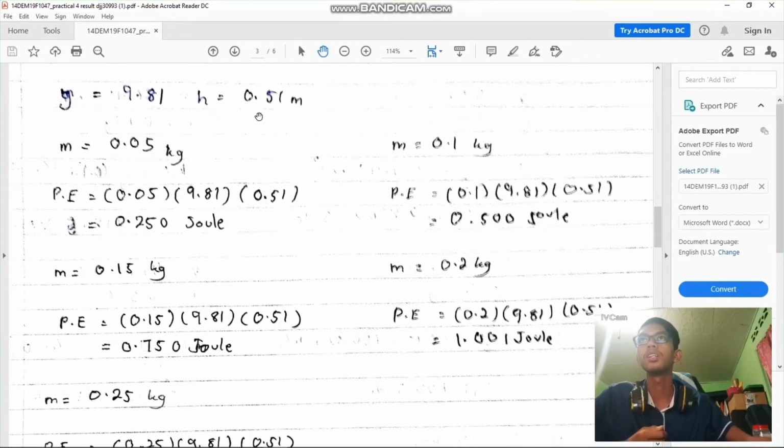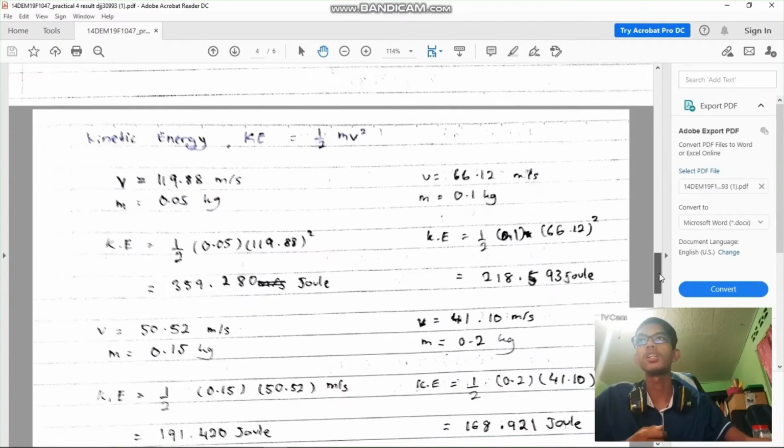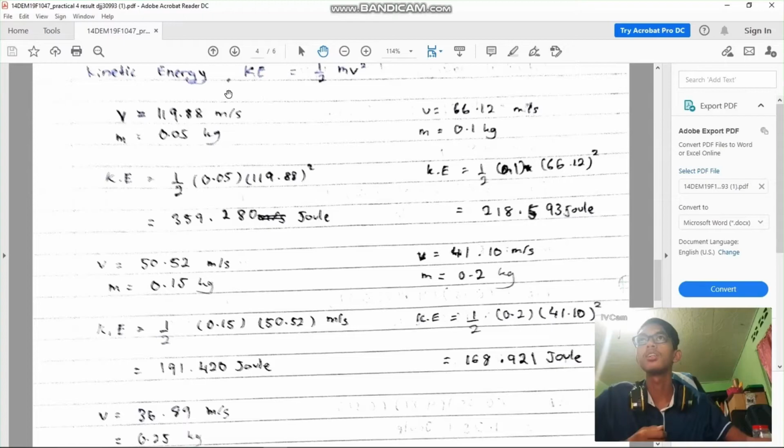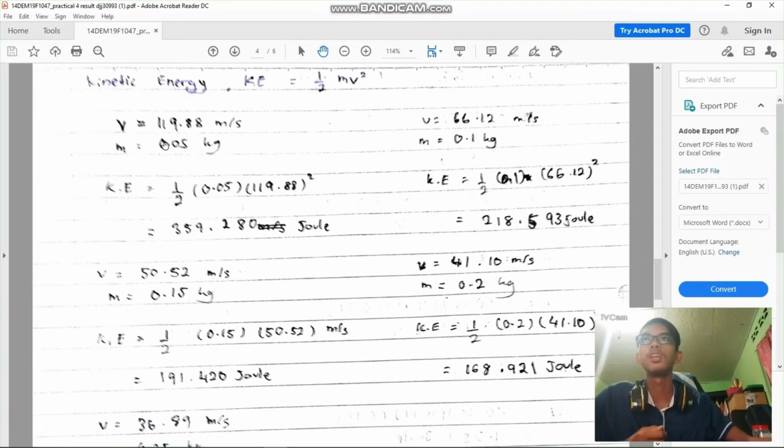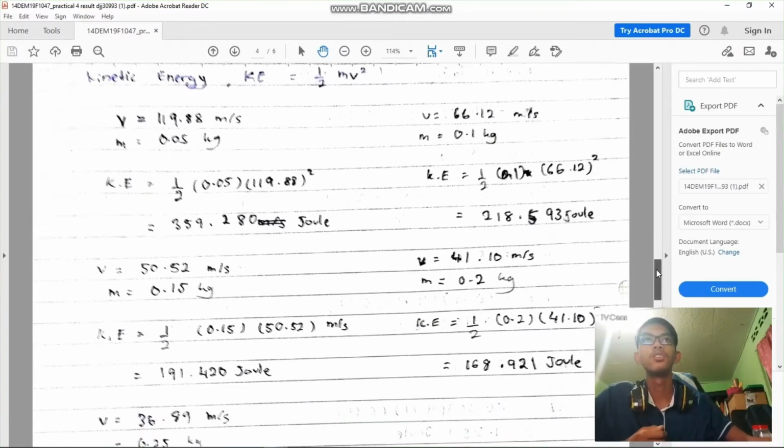The h equals 0.151 meter. Then with the mass one by one, we calculate it. And kinetic energy equals 1/2 mv squared. And this we calculate it.